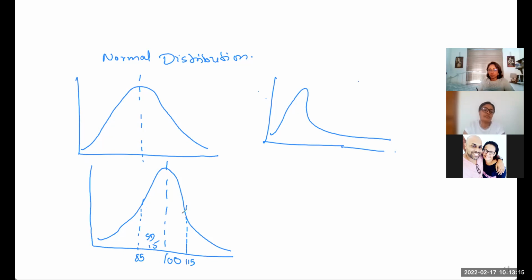And within one standard deviation, what is the percentage that you get in a normal distribution? You get something like 68%. So when you take IQ, for example, 68% of the whole population of this earth will fall into an IQ of between 85 and 115, right? So that is your within one standard deviation.